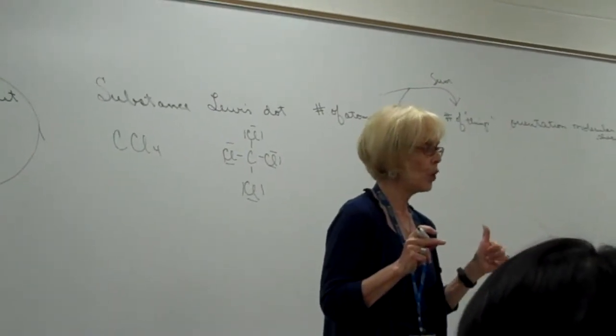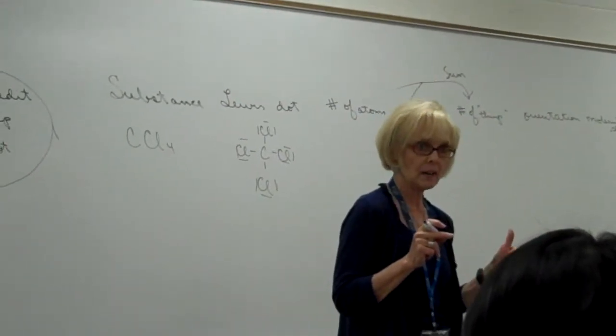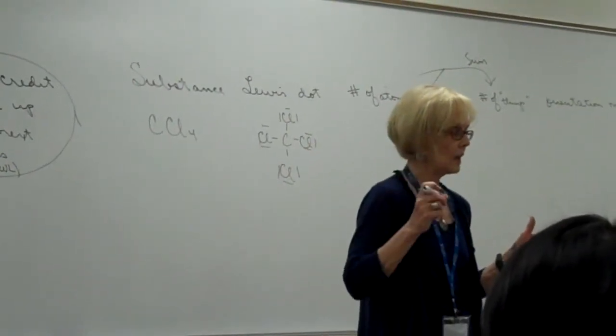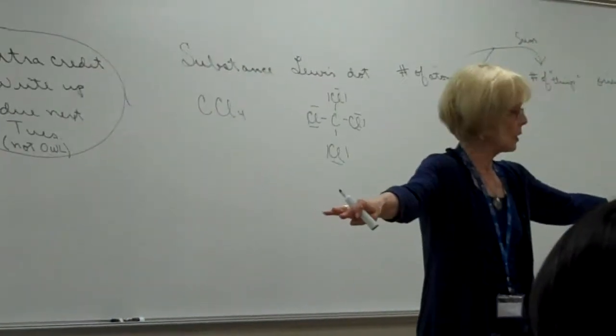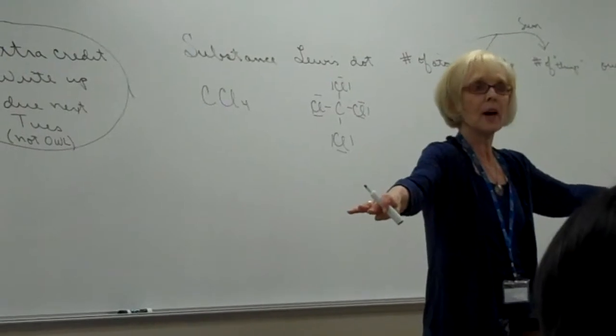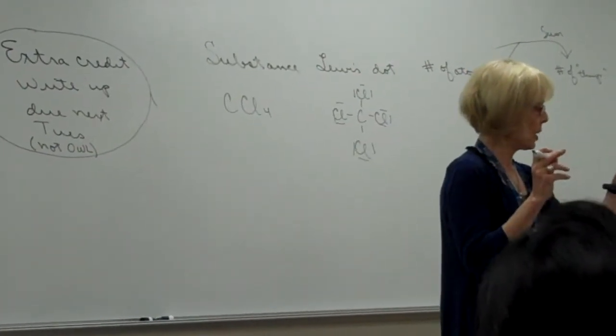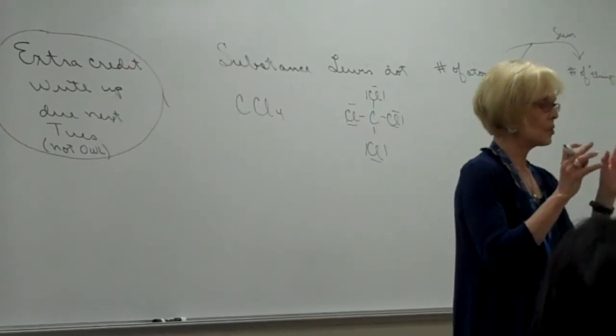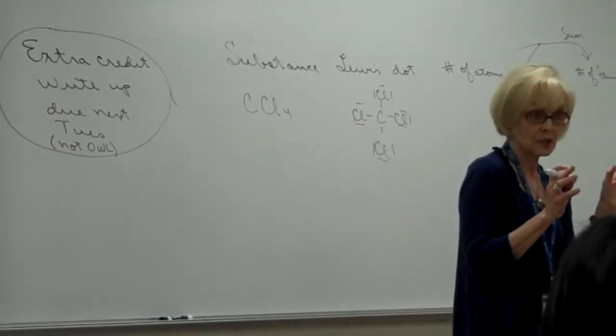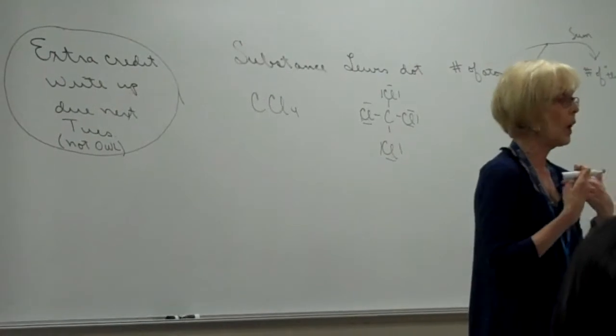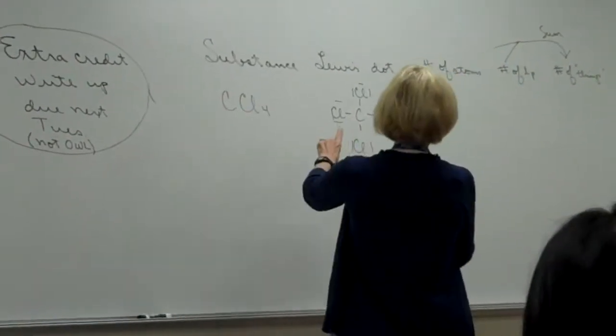Why don't we worry about chlorine violating the octet rule? It's not the central atom. You do not worry about it if it's not the central atom. All of the violators, except hydrogen, are always central atoms, and hydrogen is never a central atom because it can only have 1 bond. Okay, so you got to there.